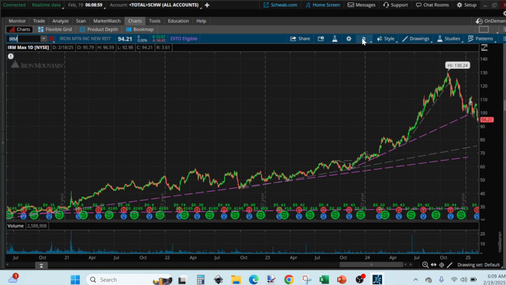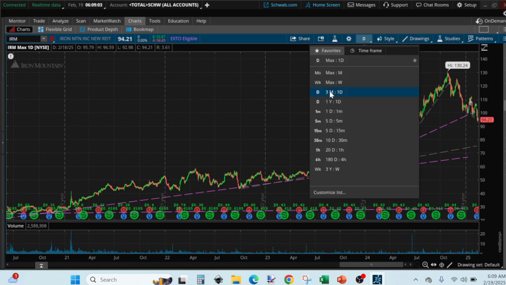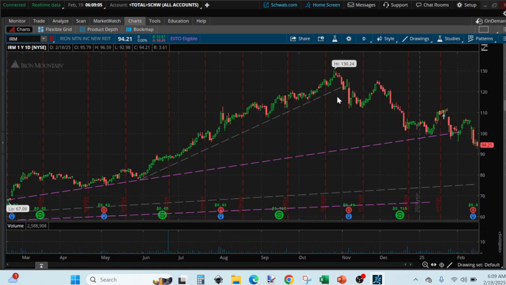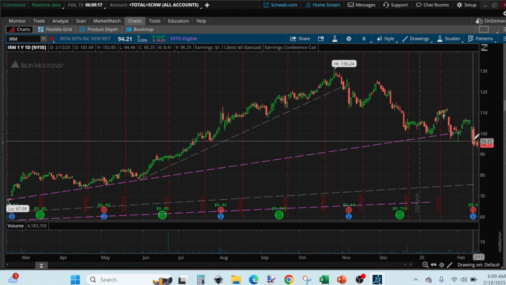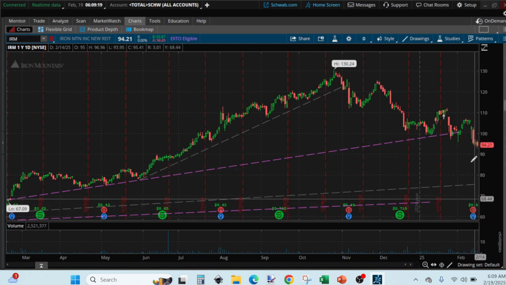We are not going to lock in that loss by selling it. Therefore, it might take a while before it becomes positive for us to sell it. So on the 1 year daily chart, you are seeing your 52 weeks low and high as well. And yesterday, I think there was some earnings there.